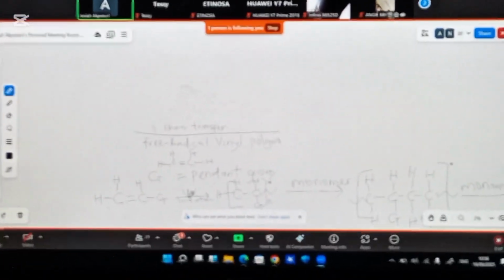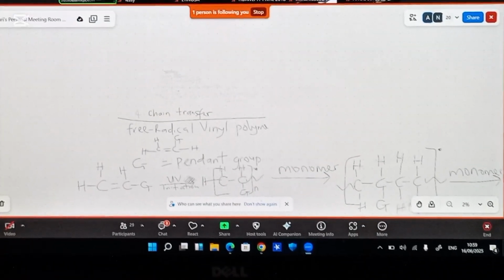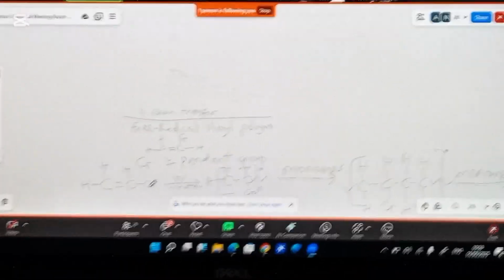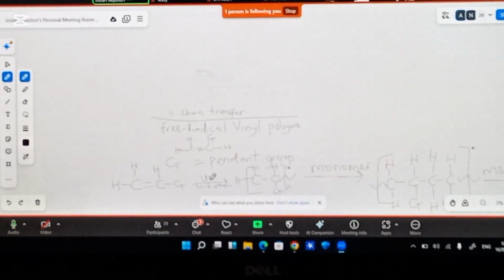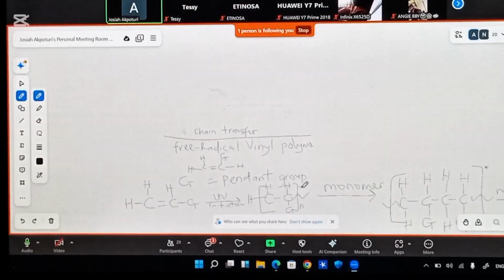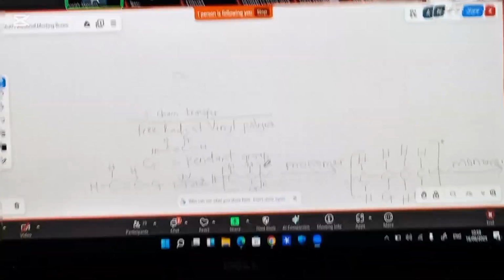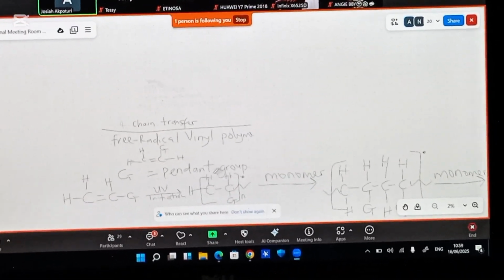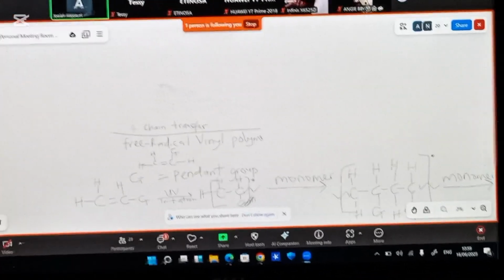You see UV light. UV light is the one that initiates the molecule. By the time the UV light initiates the molecule, a radical is produced. So this is called polymer radical.